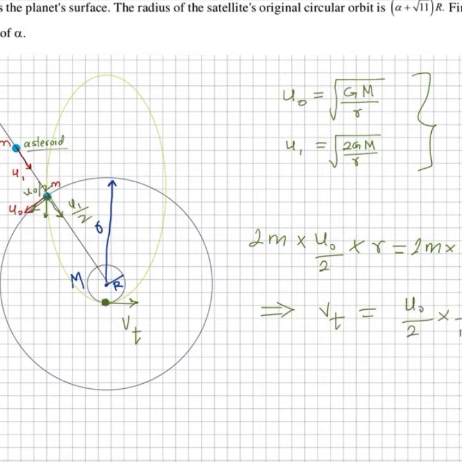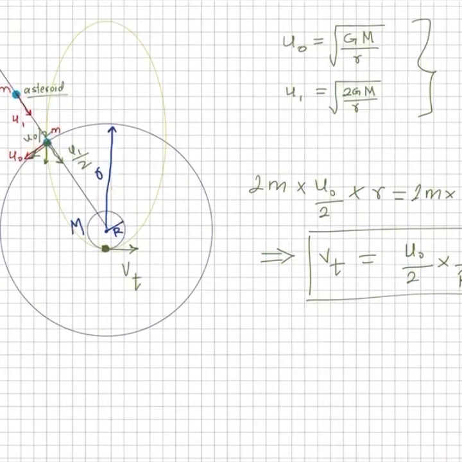Now we can observe that during the collision, the energy won't be conserved, but just after the collision and just before it grazes the planet, the energy will be conserved, as there is no external force and no dissipative force working.